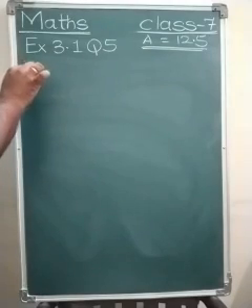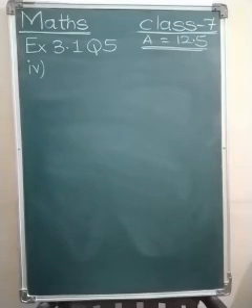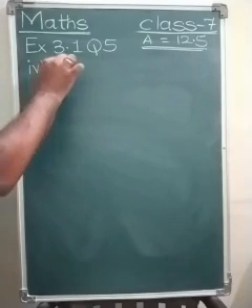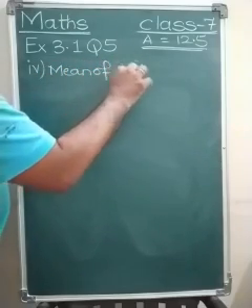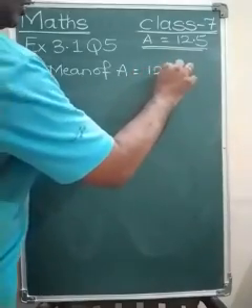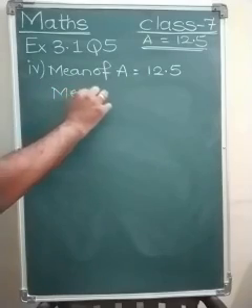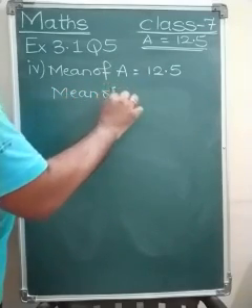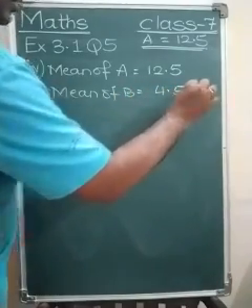So now the fourth question. Okay, so who is the best performer? Mean of A equals to 12.5. Already we have found. Mean of B equals to 4.5. Done.